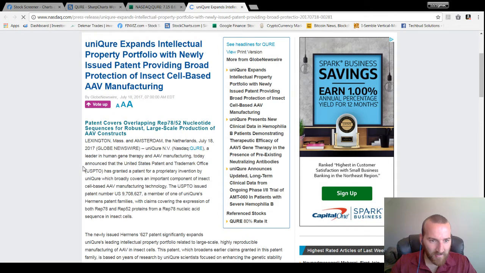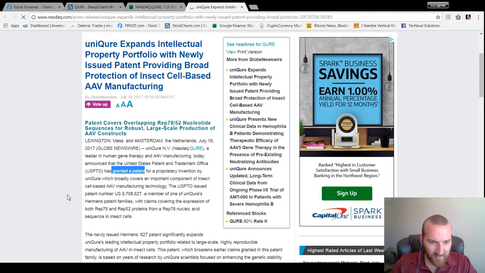A leader in human gene therapy and AAV manufacturing today announced that the United States Patent and Trademark Office has granted a patent for, and that's right there, boom, that's gold right there, granted a patent for a proprietary invention by the company which broadly covers an important component of insect cell-based manufacturing technology.